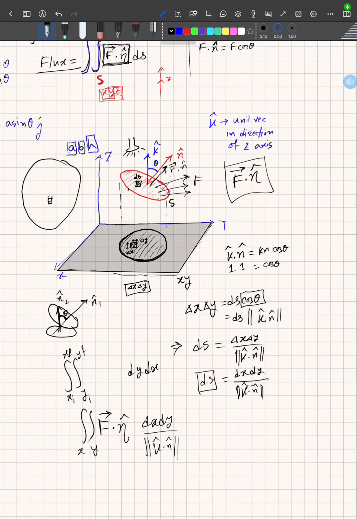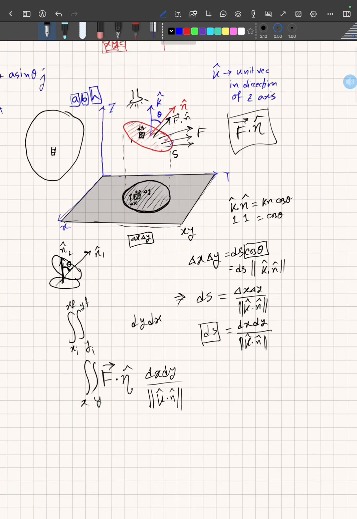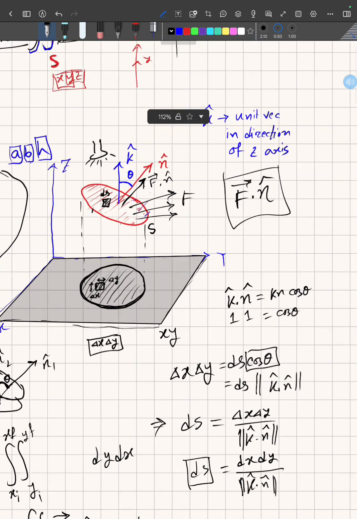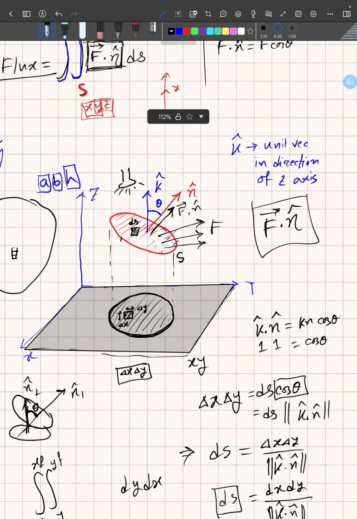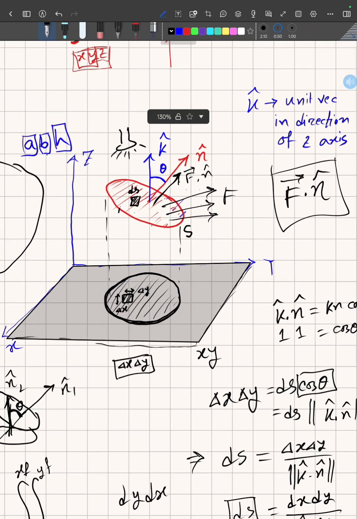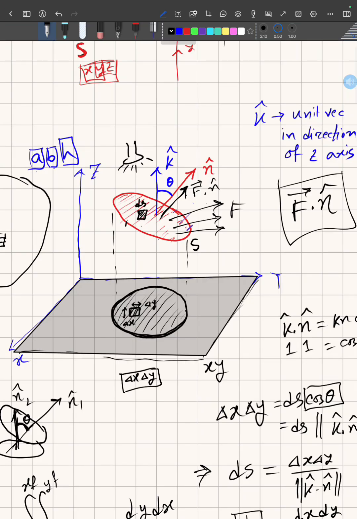Now we are nearing the end, and this is our final step. We successfully converted our oblique surface, the different orientation surface, into a plane, the xy plane.